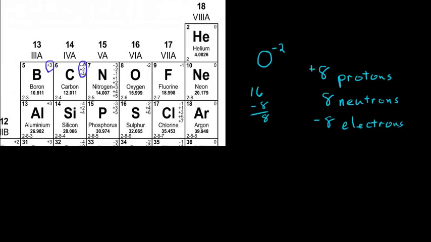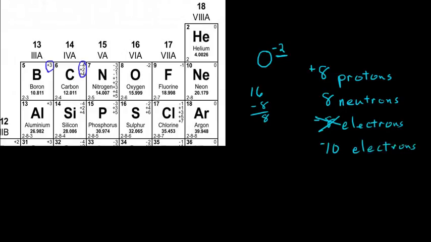So it doesn't have the same amount of protons and electrons. It's more negative. It's 2 more negative. So since it's 2 more negative, it has 2 extra electrons. So it doesn't have 8 electrons. It has 10 electrons.